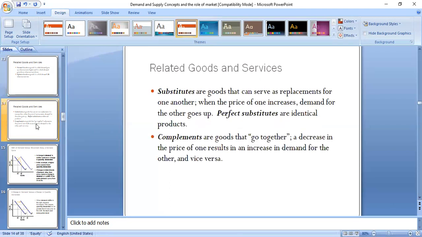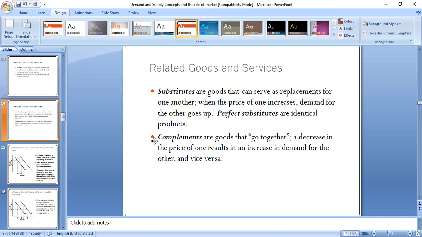Then we've already looked at what substitutes are. These are goods that have similar functions, for example, you can replace Colgate with Close-Up, or butter with jam, right? Those are substitutes. With perfect substitutes, they're totally identical products. And complements work hand in hand, or go together.